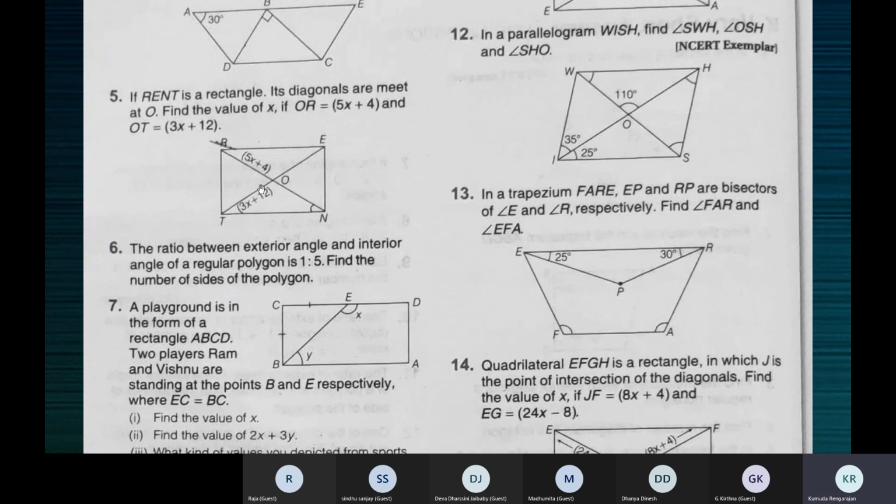How do we do this? The fifth one? Try the fifth one.